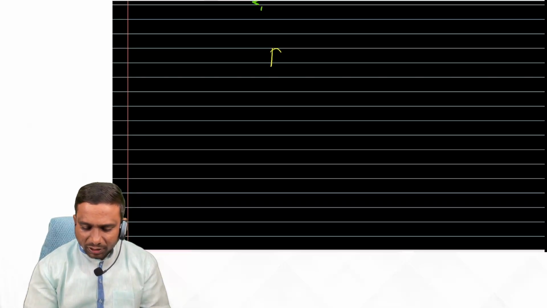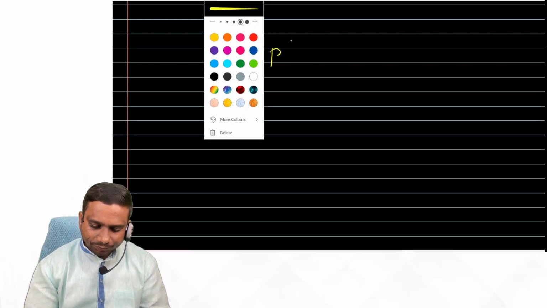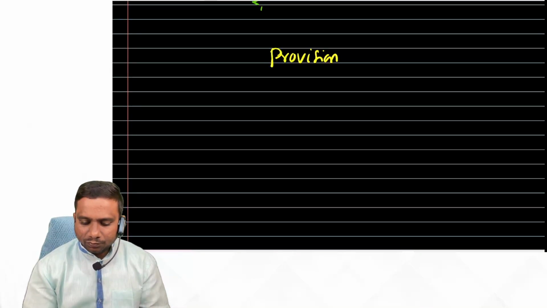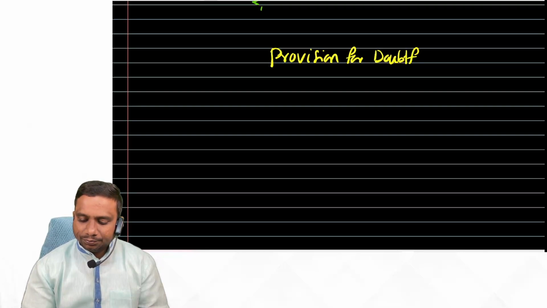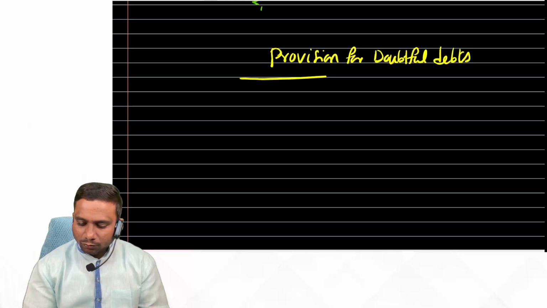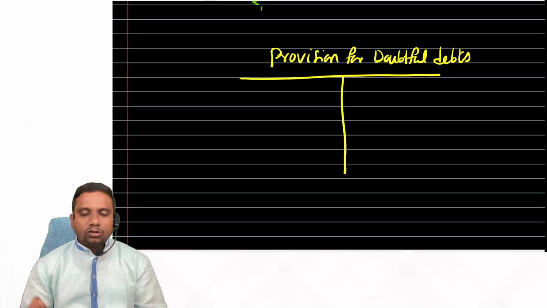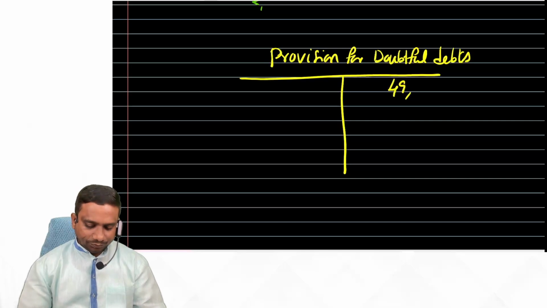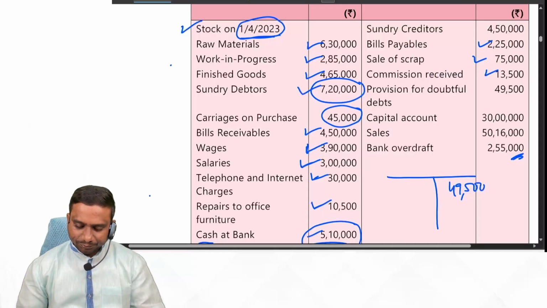So here we have provision for doubtful debt. Observe, students, how much do we have already? 49,500 we have.